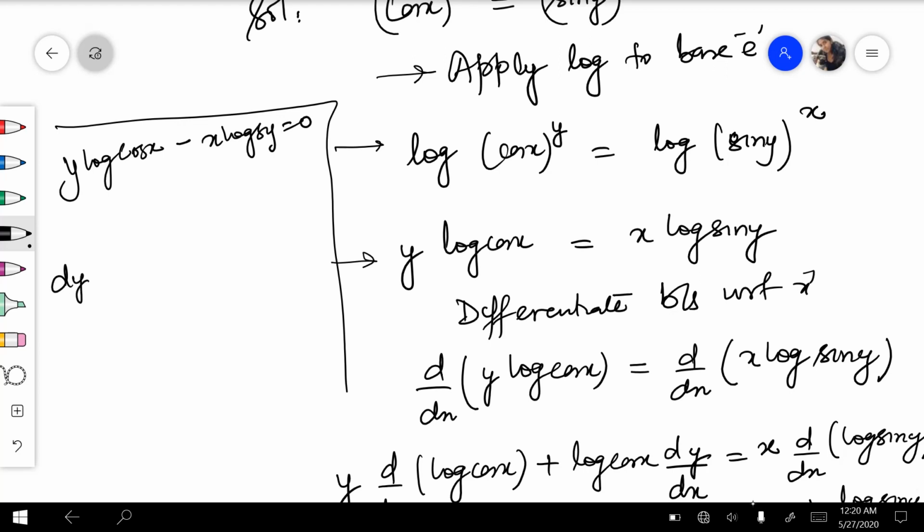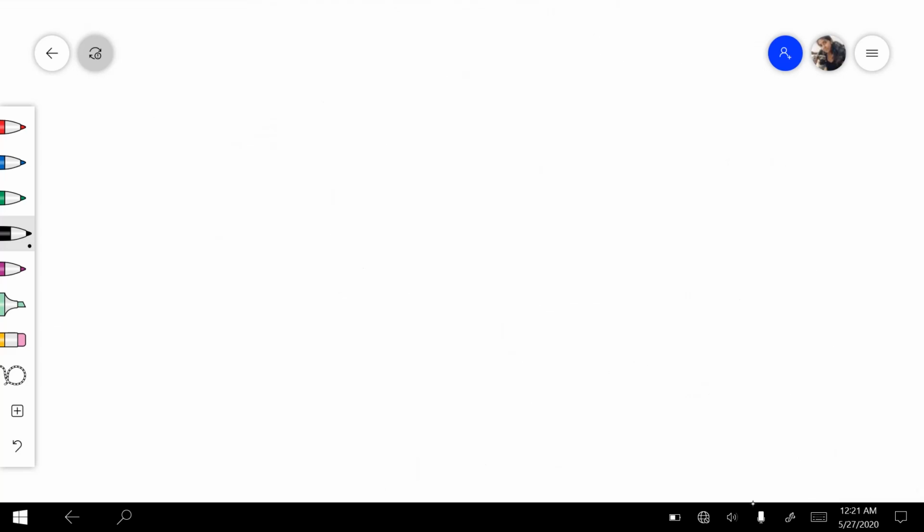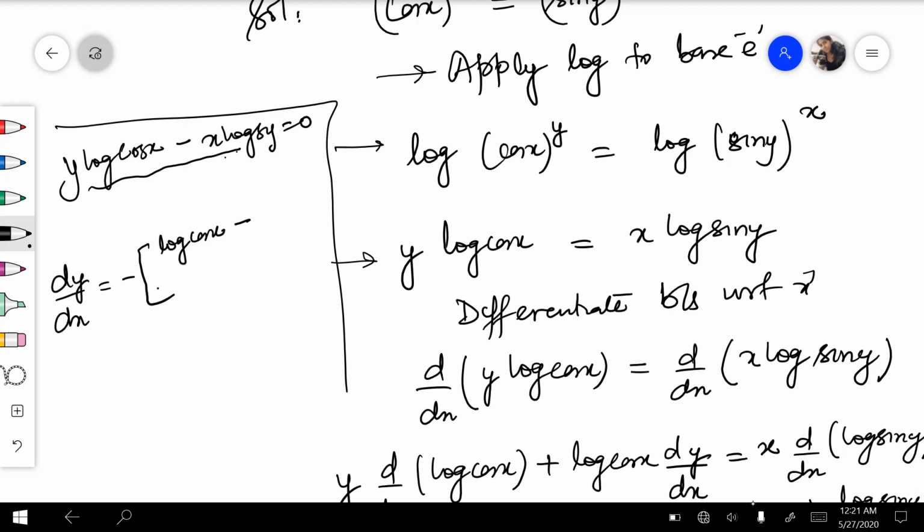The dy upon dx is equal to minus times differentiation of the same function assuming y as constant, that becomes log of cos x, then minus differentiation of the same, we have to differentiate with respect to x. So this is y log cos x, differentiation 1 by cos x into minus sin of x.